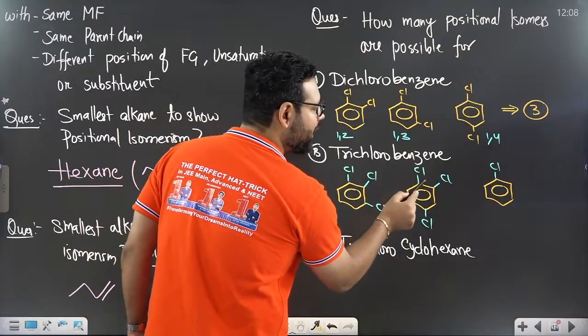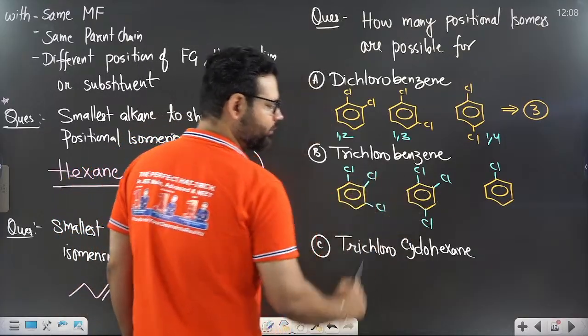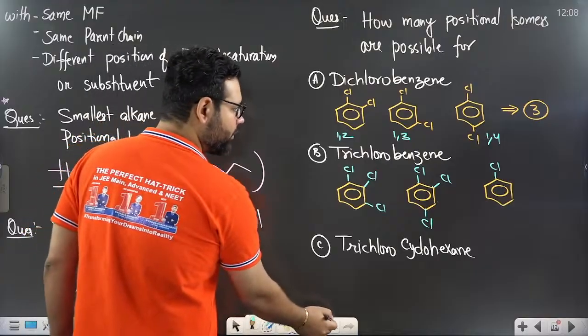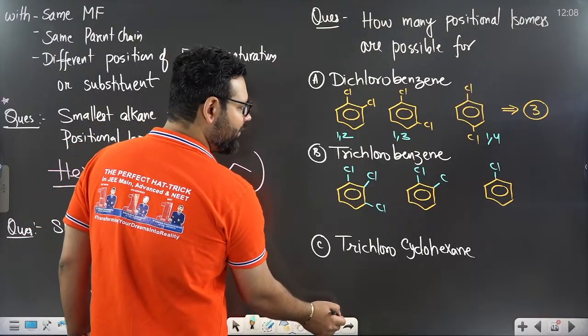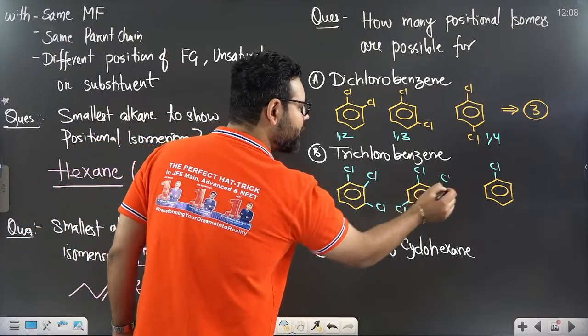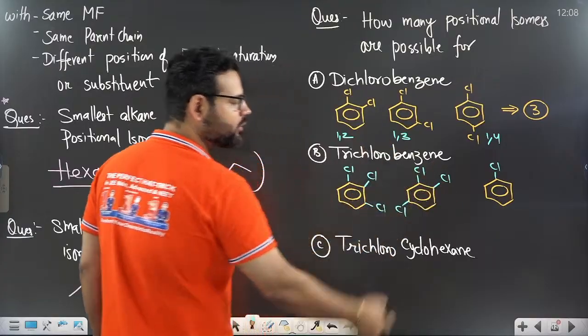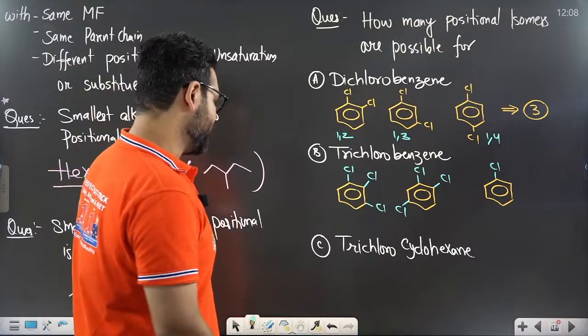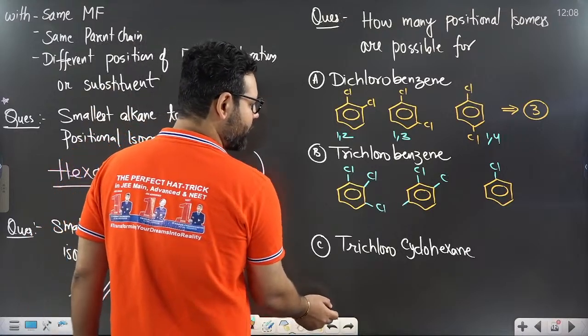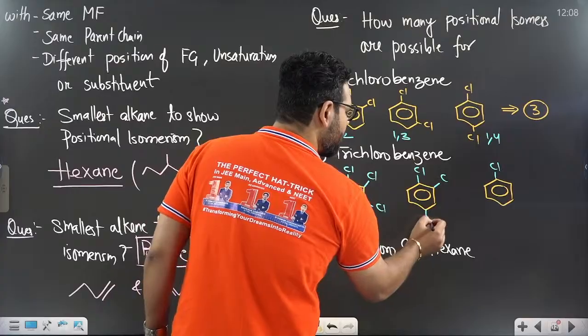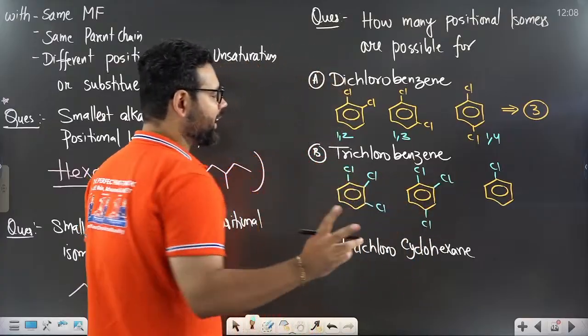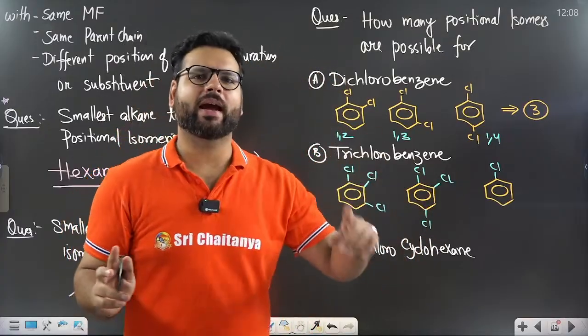If I keep the third chlorine here, naming will be 1, 2, 3, 4, so 124. Even if I keep it here, it is 124 only. Now the numbering will start from this side, 1, 2, 3, 4. This is also 124. So keeping two chlorines together, I have two options, 123 and 124.